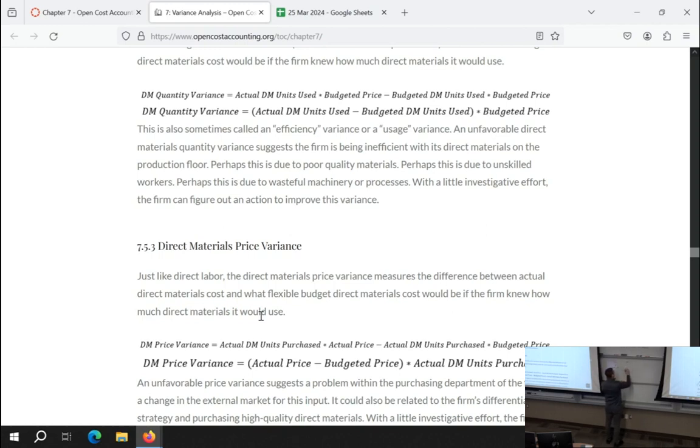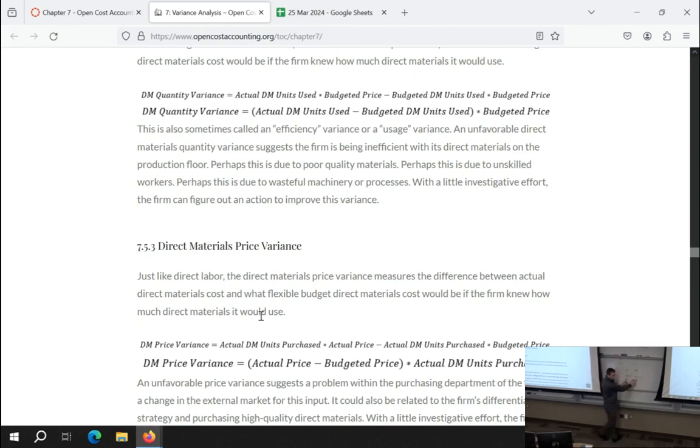And here we have actual quantity purchased times standard price, because we're trying to get a price variance out of this. You can't vary the actual quantity number you're using. Keep that constant. You're pulling the lever on this price thing. So actual quantity purchased here, actual quantity purchased here. Now you build a second quasi-budget, which uses actual quantity used times standard price.